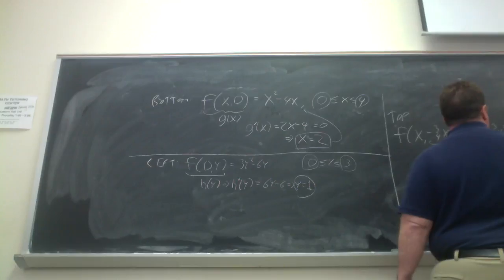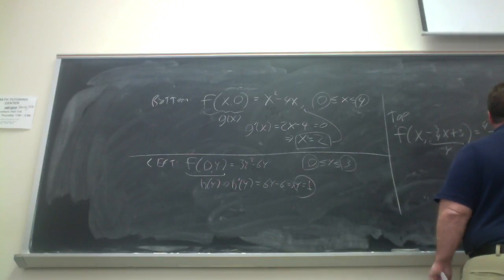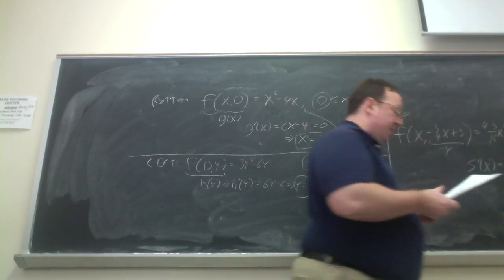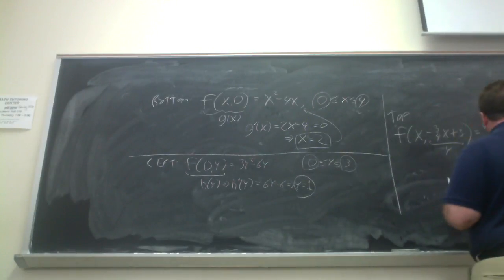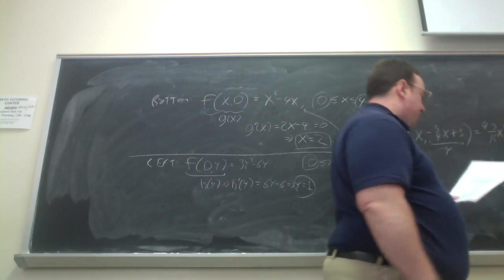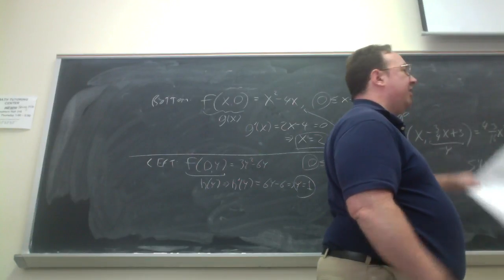So s prime is, what? 43 over 8 x minus 13. And we set that equal to 0, and that gives us one critical point, which turns out to be 104 over 43. And if you check, that critical point actually is along the edge.